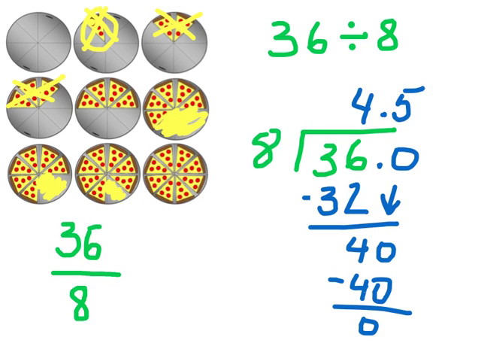So I've got no slices left over by themselves. So I have 1, 2, 3, 4 complete pizzas plus a half. So 4 1/2 pizzas, which I could also write down as a mixed fraction like this, 4 1/2.